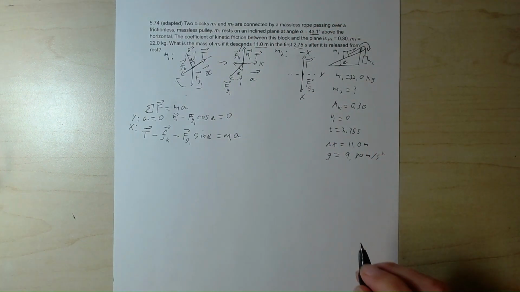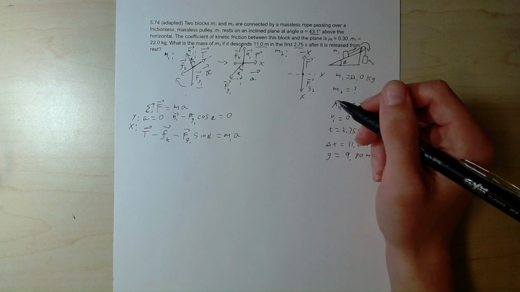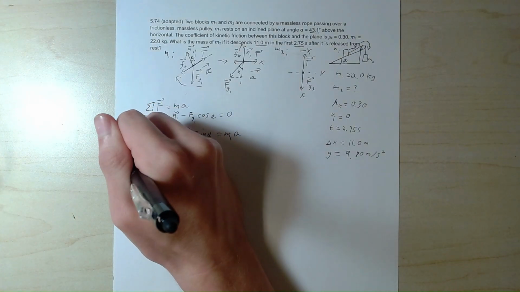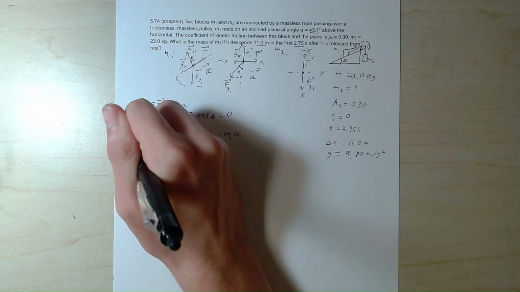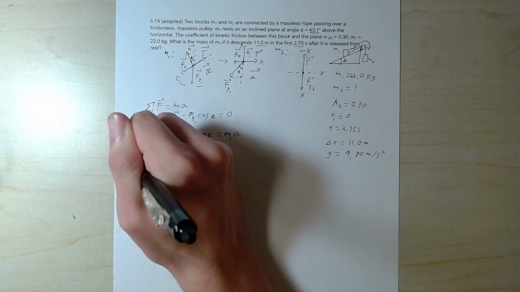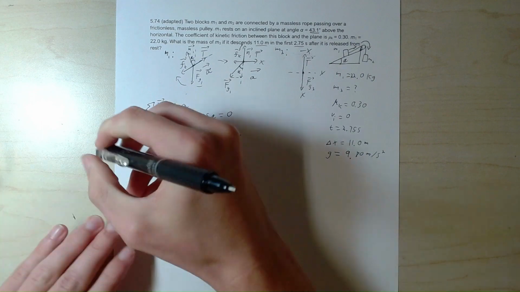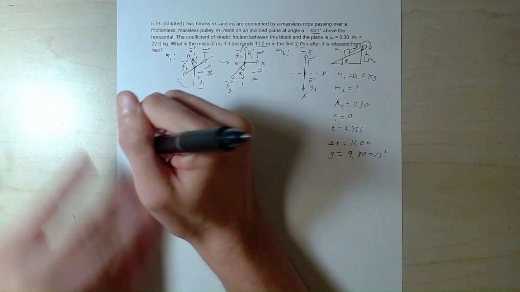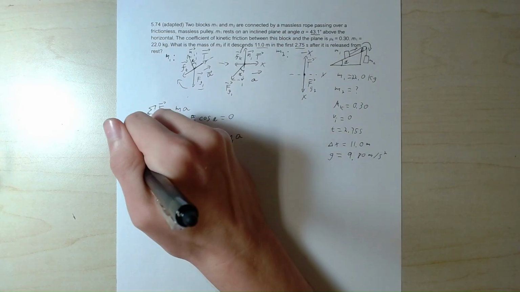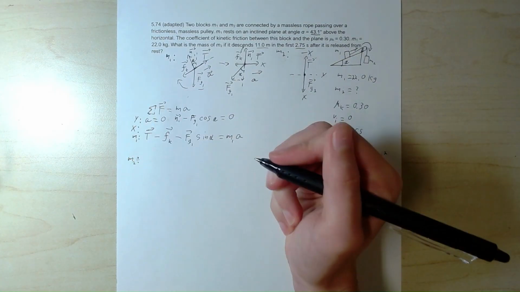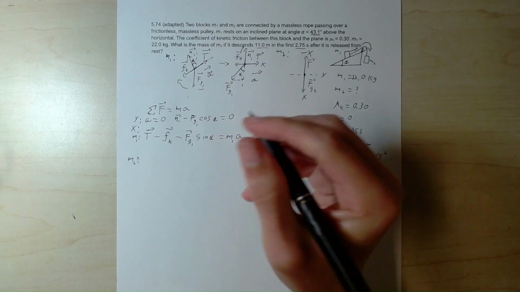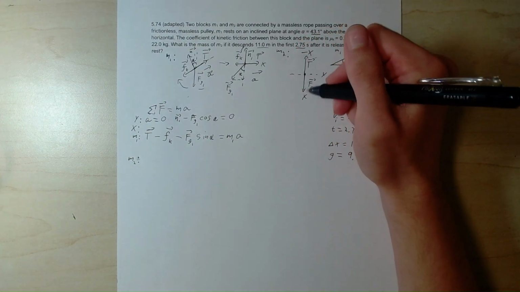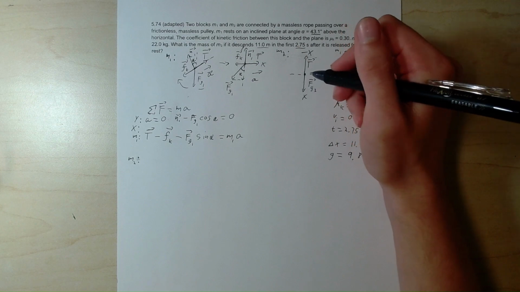Alright, so that's great. Now for the x direction for m2, I'm just going to label this here, m1, m2, sorry about that. Okay, m2, so we've defined our coordinate axes like this, with the x in the vertical direction relative to the paper.